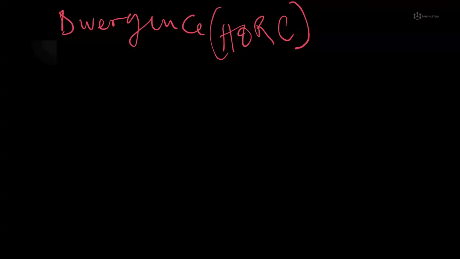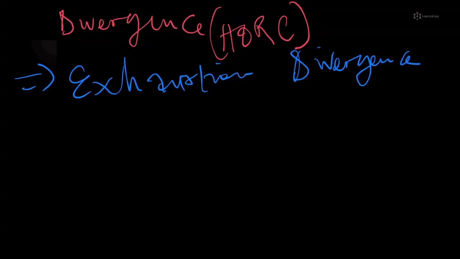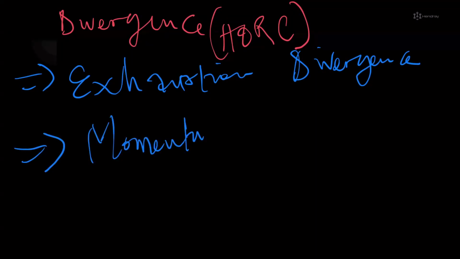There are two types of divergence that we have in the market. We have the exhaustion divergence, and of course, we have the momentum divergence.